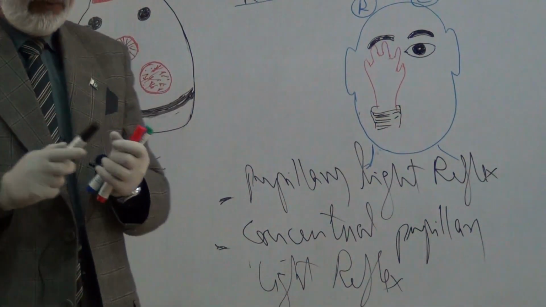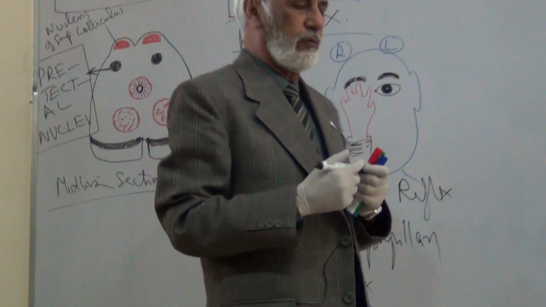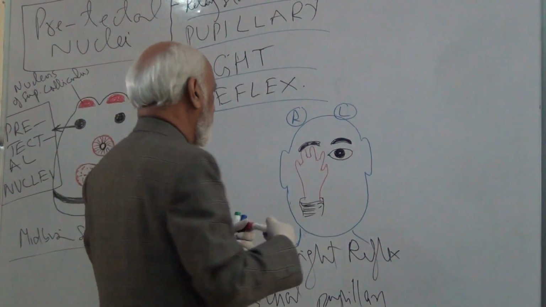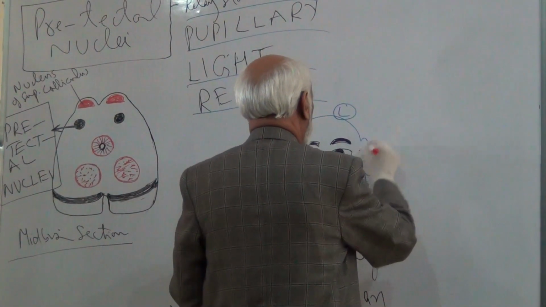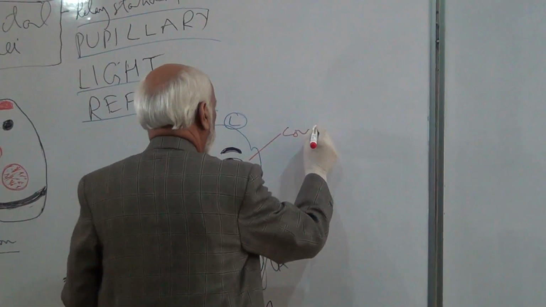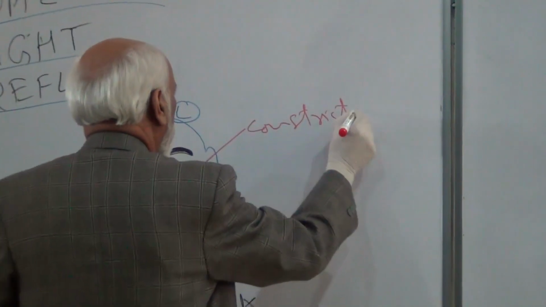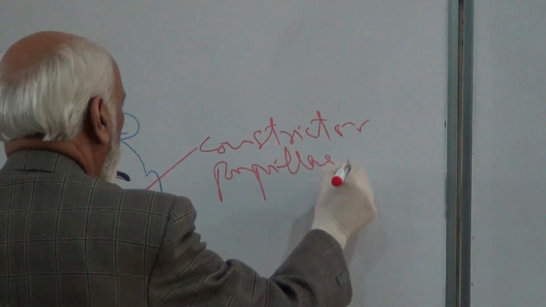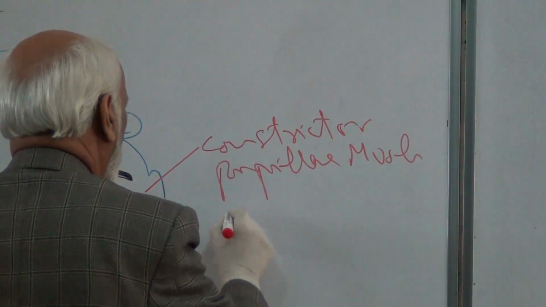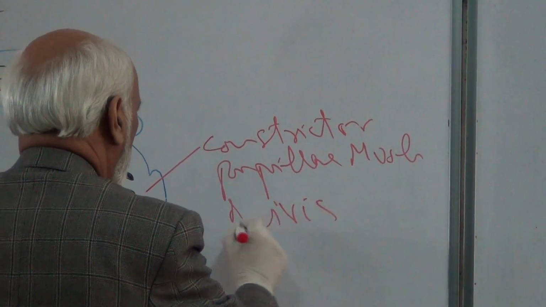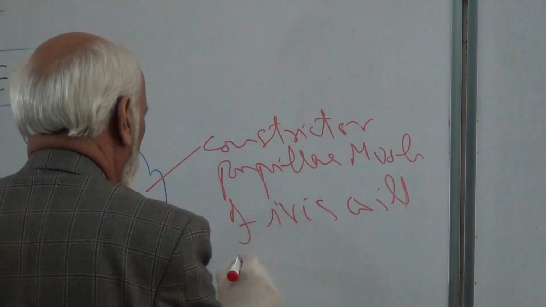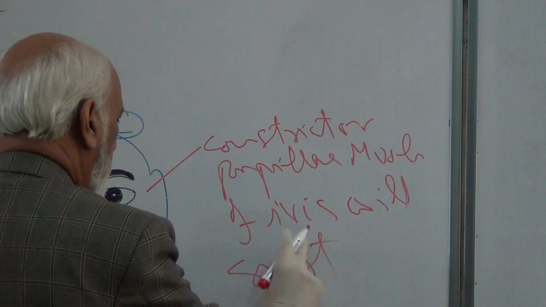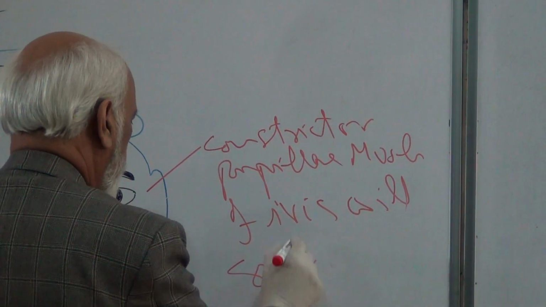So the pupil constricts. Why does the pupil constrict? You know, in the iris there is constrictor pupillae and dilator pupillae. The constrictor pupillae muscle of the iris will contract and the pupil will constrict.